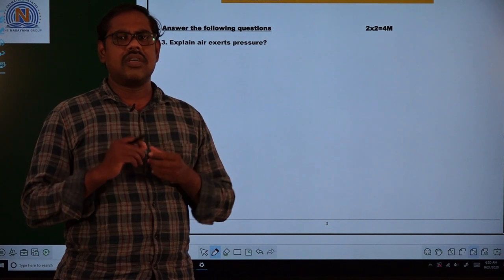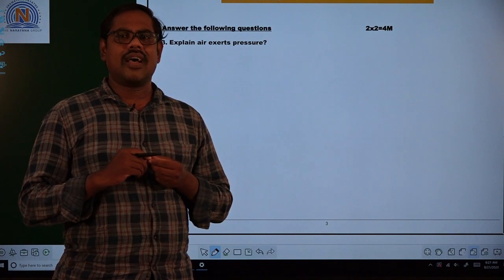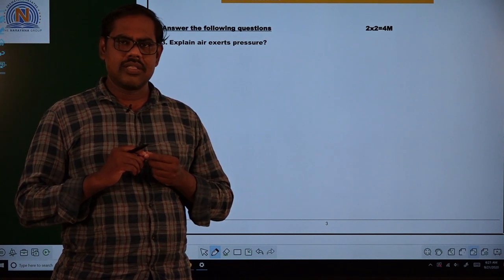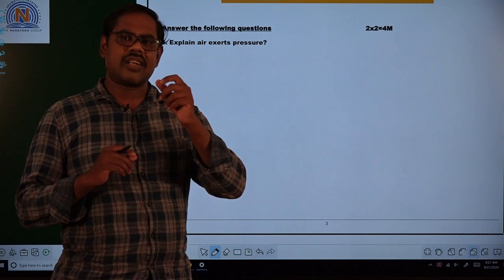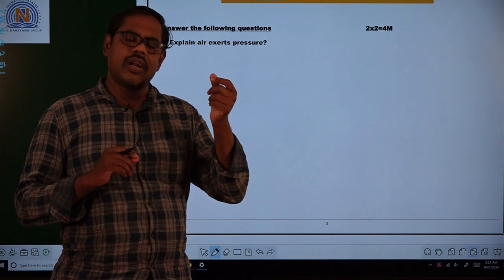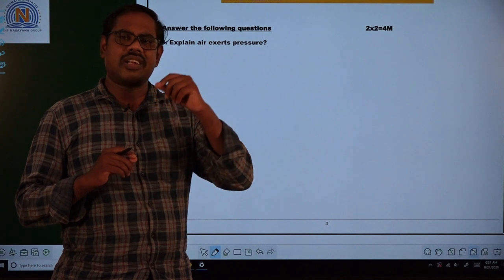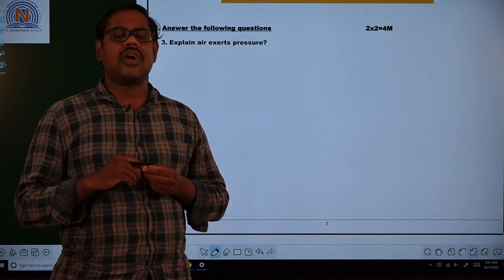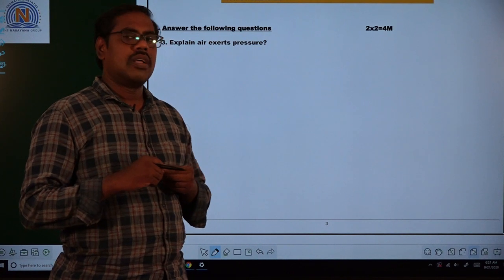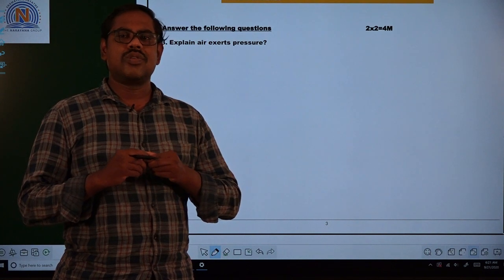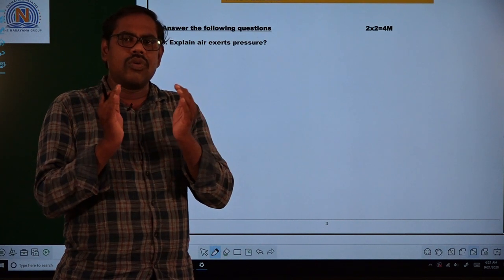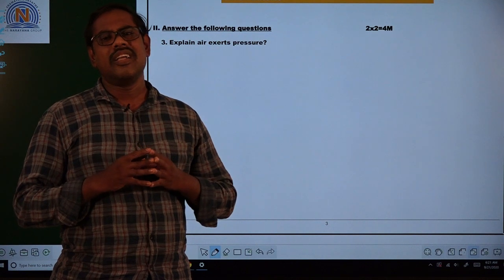These two balloons are tied at the ends of the rod, one balloon at one end and the second balloon at the other end. We observe that the two balloons try to come close to each other.